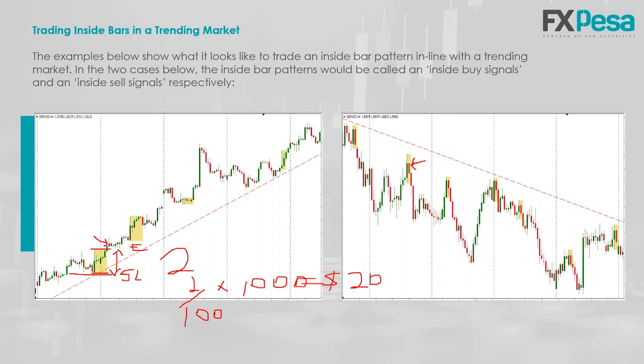So at this point, this stop loss value is going to be $20. You have to adjust it to be $20 so that if you're targeting 1:1, you're targeting a reward of $20 when you're risking $20. If it's 1:2, you're targeting a double reward, so you're targeting $40 for a 1:2 risk reward ratio.